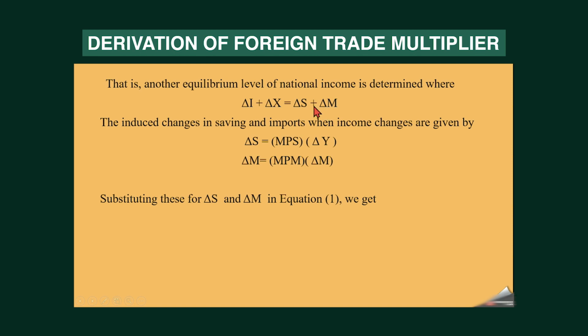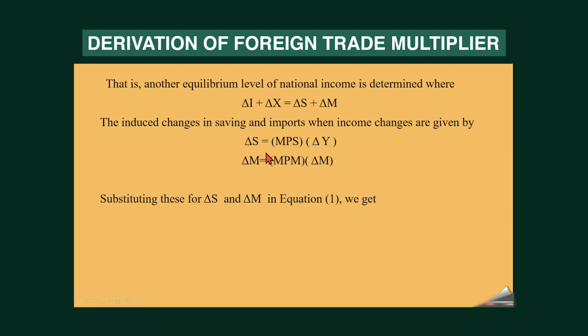Remember, change in savings, which is a function of income, can be represented, that is delta S can be represented as MPS, that is the marginal propensity to save, into the change in the income, that is how much saving is responding to 1 unit change in income. Similarly, delta M will be shown as the response of change in import due to 1 unit change in income, that is MPM into delta Y.